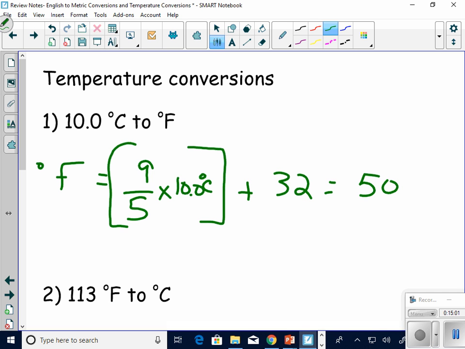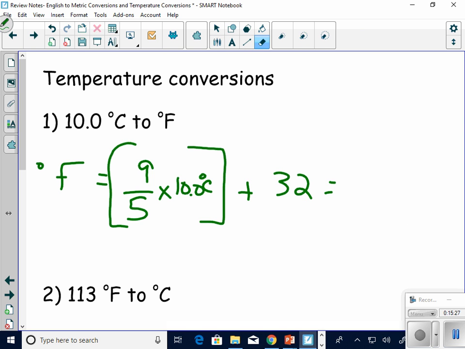Now, ladies and gentlemen, do I have the correct number of significant figures? How many sig figs do I have there in my answer? Right there? This is 1 sig fig right now. I need to have 3 sig figs.